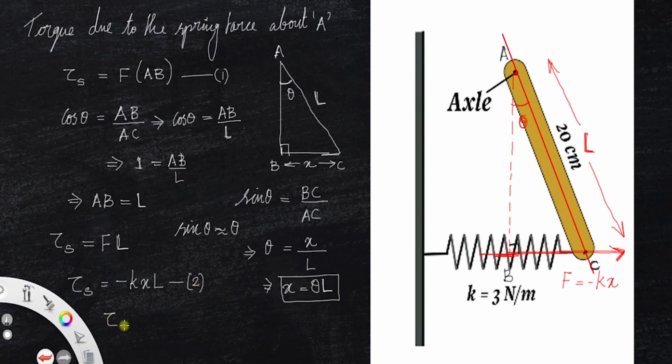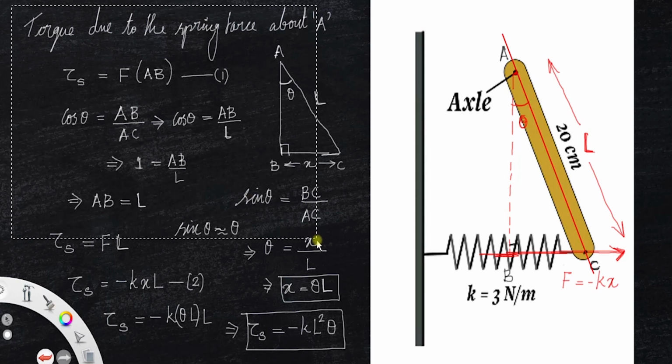So we have torque due to the spring force equal to minus k theta L, since x is theta L, into L, which implies the torque due to spring force, tau S, is equal to minus k L square theta. Okay, this is the torque due to spring force. Now, let me erase this.